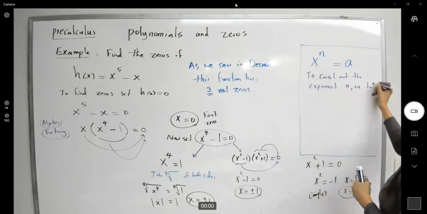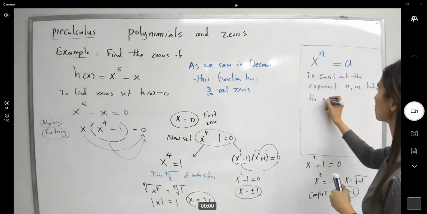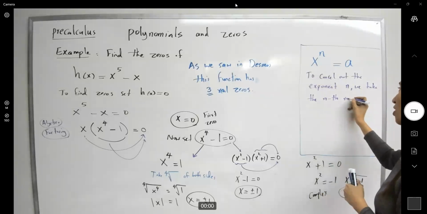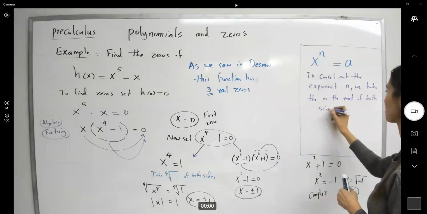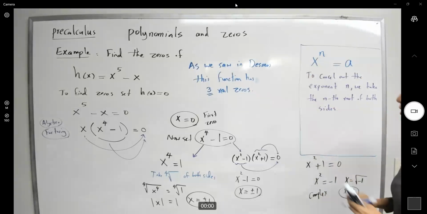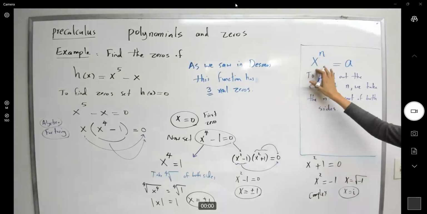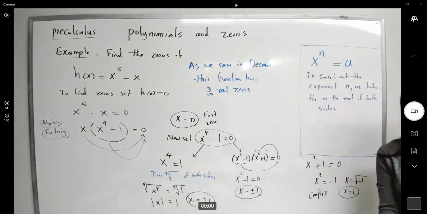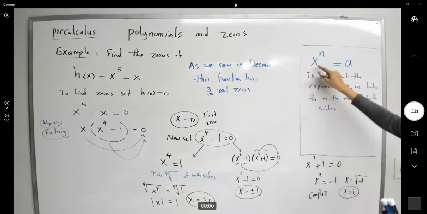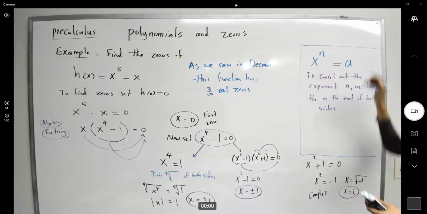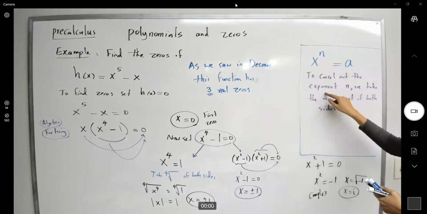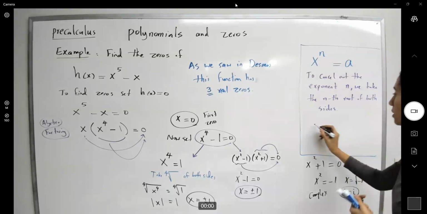We take the nth root of both sides. This is the general method we use when we have x to the n equals a number, not a variable. You have a variable to exponent n, and on the right-hand side you have a constant, a number. So in general, you take the nth root of both sides.